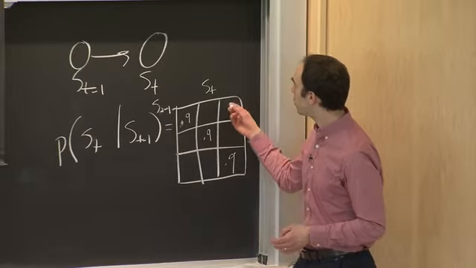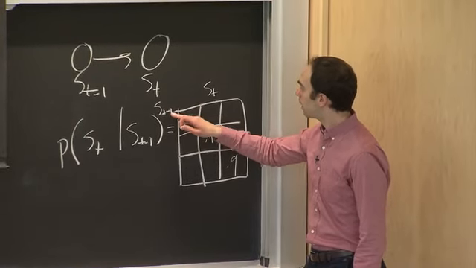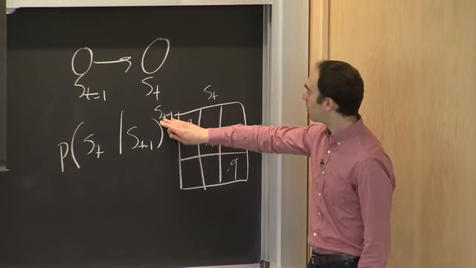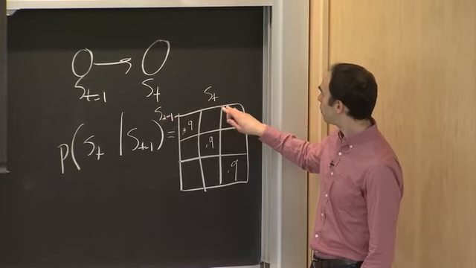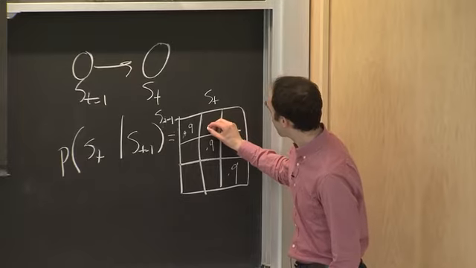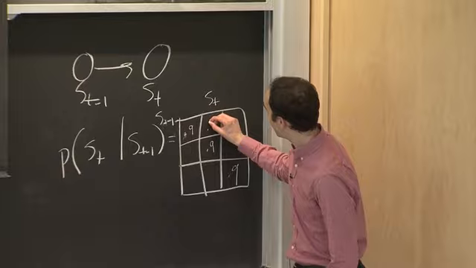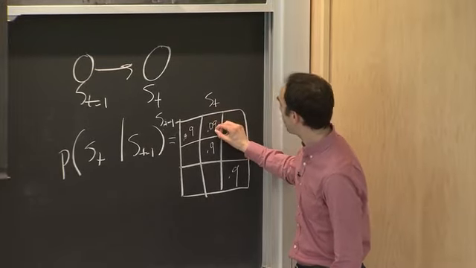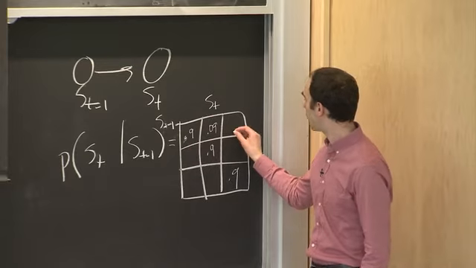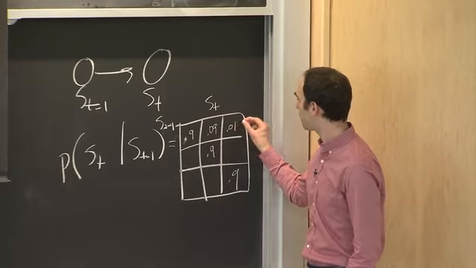And then one might imagine that the probability of transitioning from state 1 at time t minus 1 to state 2 at time t might be something like 0.09, and the probability of skipping state 2, going directly to state 3 from state 1, might be something much smaller, like 0.01.